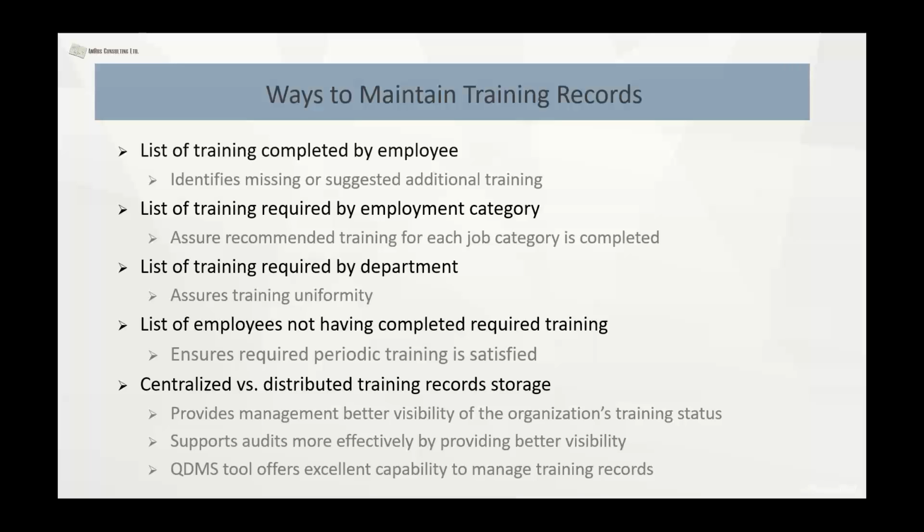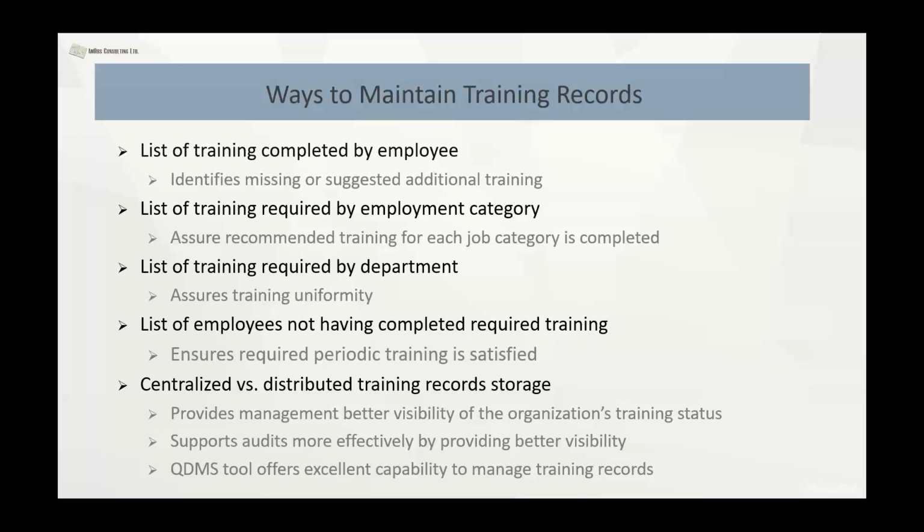Another way is to list the training required by the employment category. So when I say employment category, let's say he's a technician, and now you want to be able to see all the training that's required to be or to remain a technician in the organization, or if he's let's say a project manager, okay?